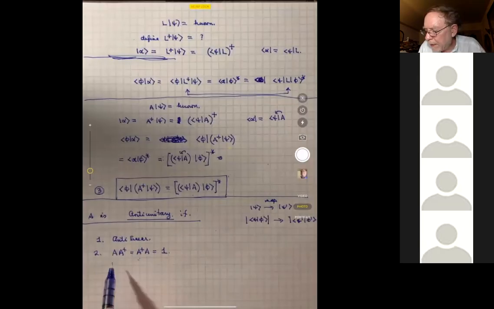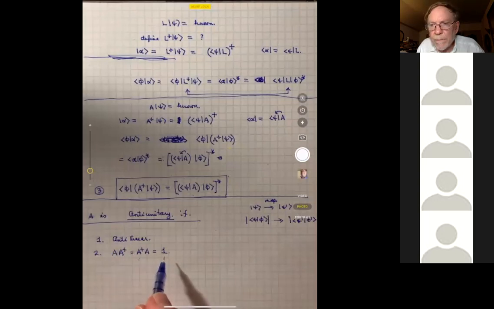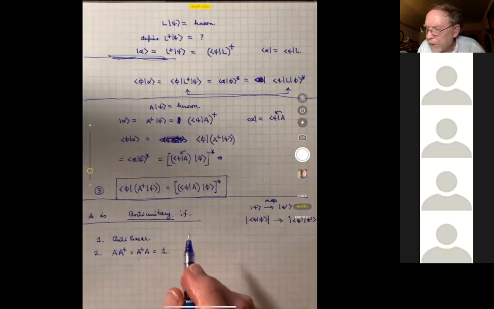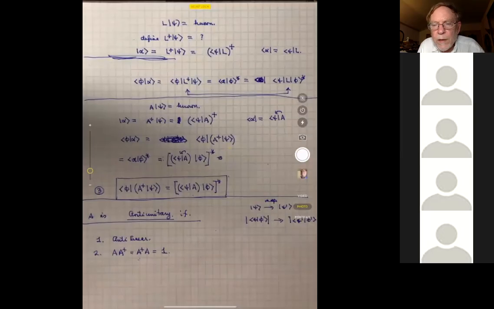So A A dagger or A dagger A are both linear operators. It does not make sense to set an anti-unitary operator equal to 1, because 1 is a linear operator, not antilinear. You can't equate an antilinear operator to a linear one. It makes no sense.